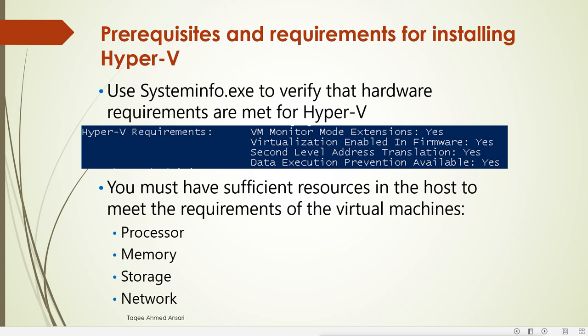Now if we want to create another virtual machine inside this, we need more than 2 GB RAM. For one virtual machine we need at least 4 GB RAM, and if you want to create more than 2 machines, we need more than 4 GB RAM.